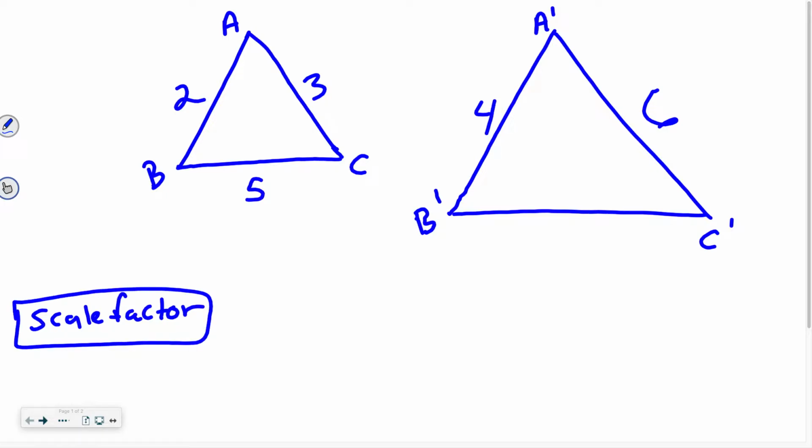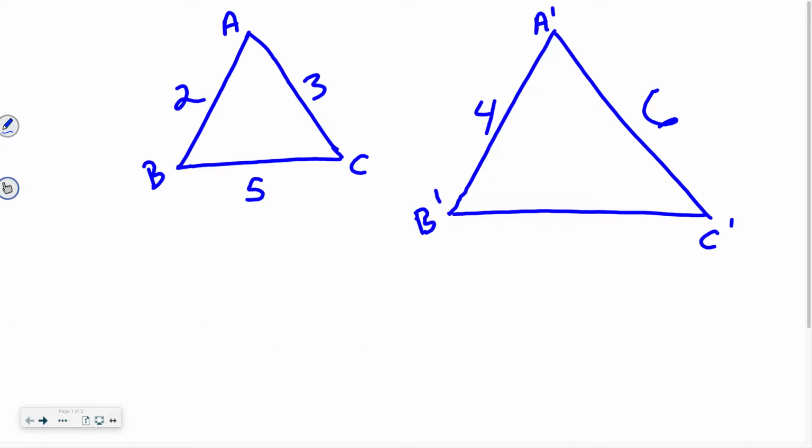Well, if we're going from this shape to this shape, we can see that the corresponding parts are AB and A prime, B prime. Remember that corresponding just means in the same position.